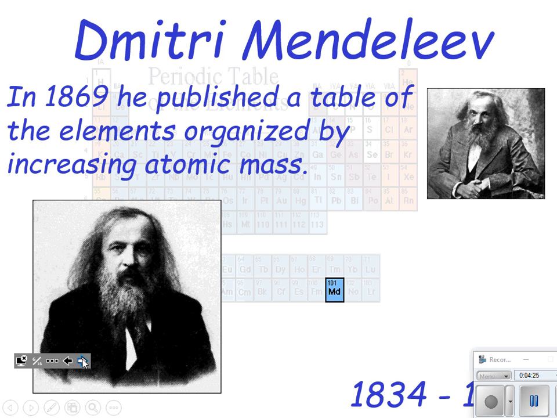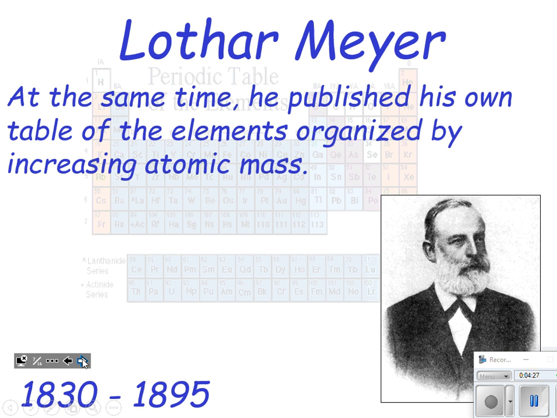So in his periodic table of elements, he had the masses. He grouped properties, put them in order. At the same time that Mendeleev was doing this, a guy named Meyer was also doing the same thing. At the same time, Meyer also published his table of elements.